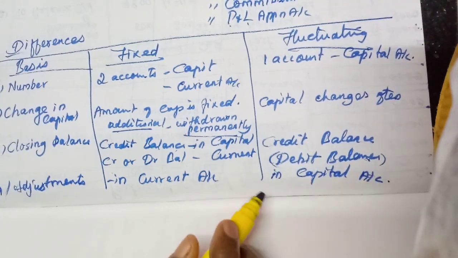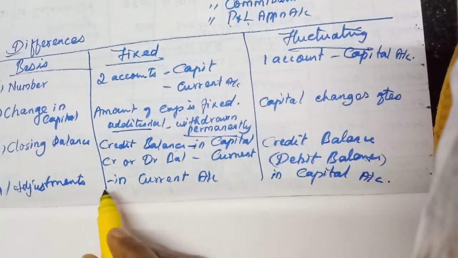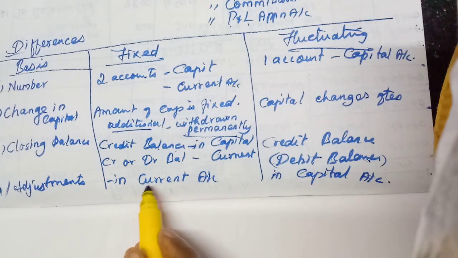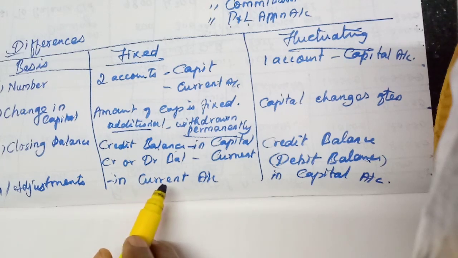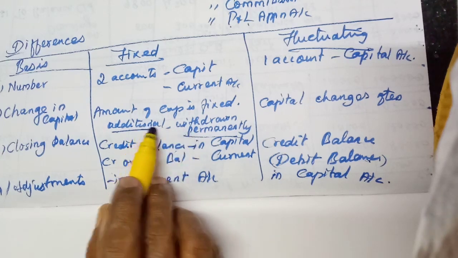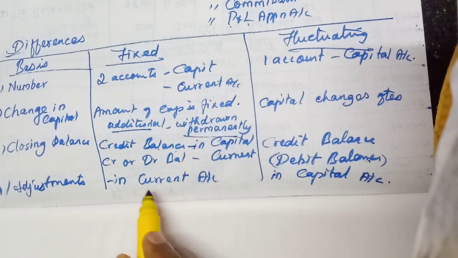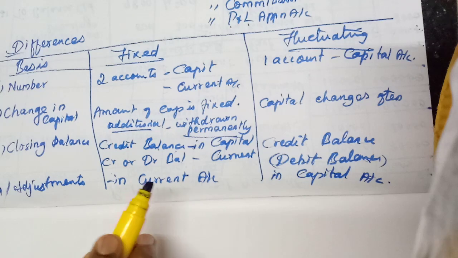Adjustments related to interest on drawings, interest on capital, salary, share in profit, commission, and all these adjustments are made in the current account. And in the capital account, only the additional capital introduced and the capital withdrawn permanently are entered.